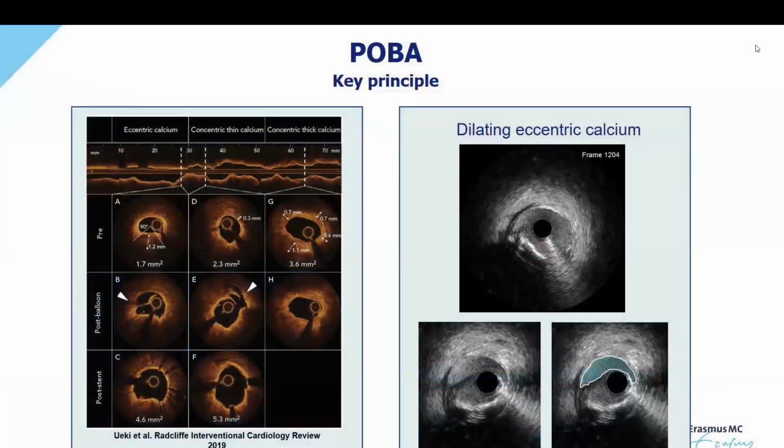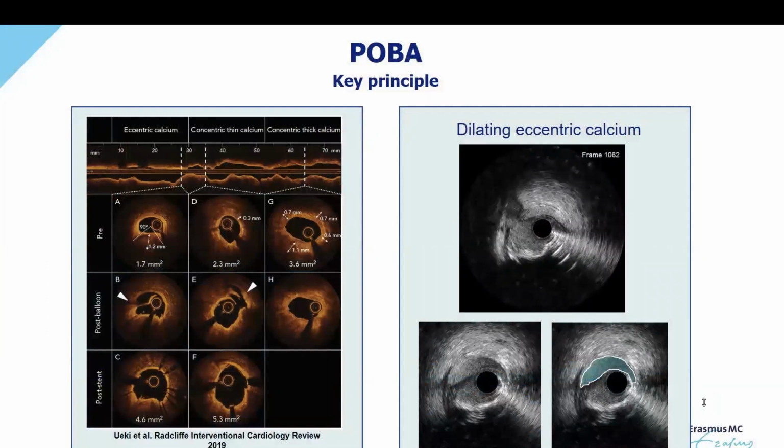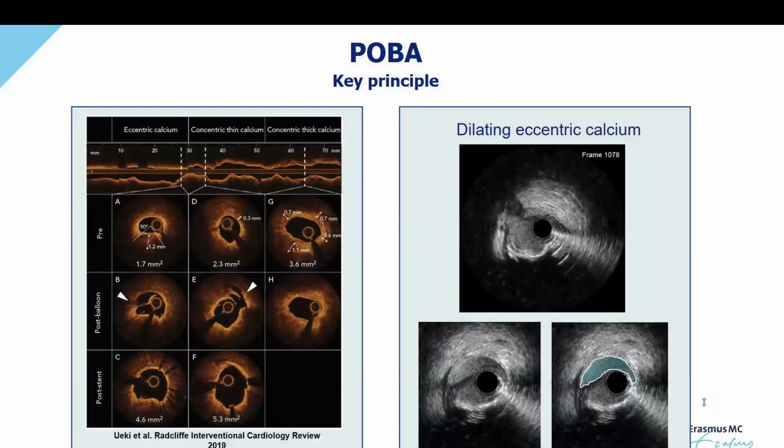Finally, this is a very nice publication from the group of Bern with Lorenz Räber, who published in the Radcliffe Interventional Cardiology Review a paper that actually focuses on how calcium behaves if it's eccentric, concentric, or concentric thick. And what you can see, if you have eccentric calcification and you do some ballooning, is that the tissue ruptures at the site of the least resistance.